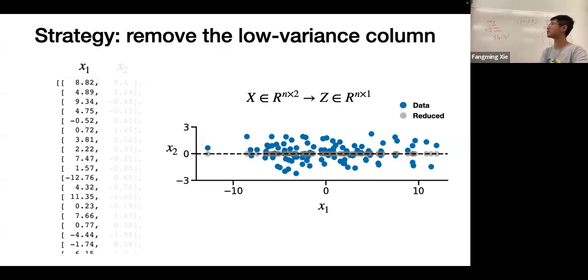You can distinguish more things with the first gene, whereas the second column doesn't seem to contribute as much. In blue is the raw data, in gray is the reduced data. They all fall onto this 1-dimensional line. In this way, we achieved dimensionality reduction by losing some, but not much, of the information, removing the low variance column in technical language.